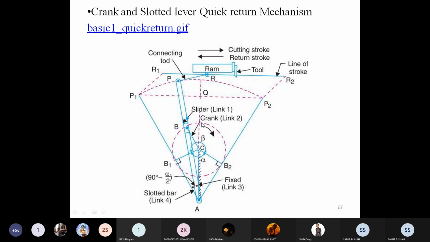Link 2, which is the crank, rotates with uniform angular speed about center C. Right now, you can see that link 1 is known as a slider.